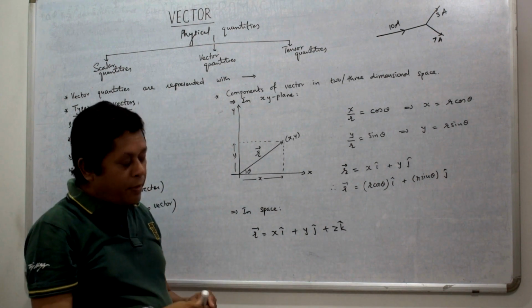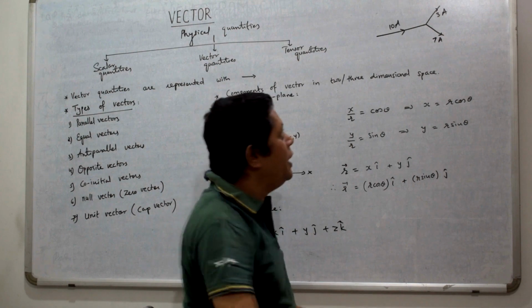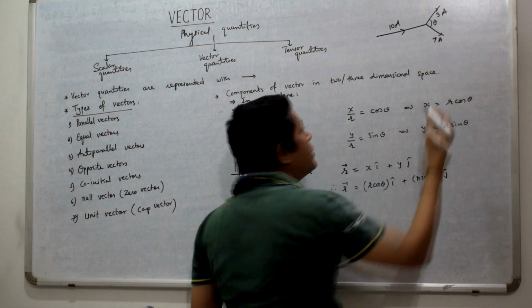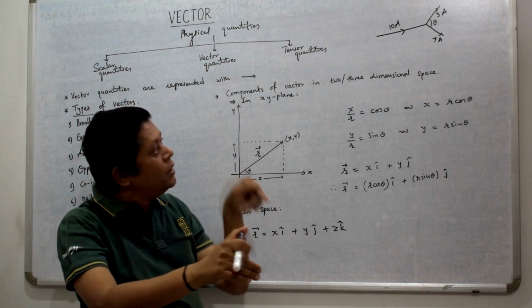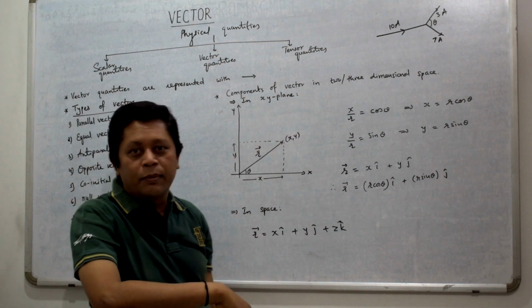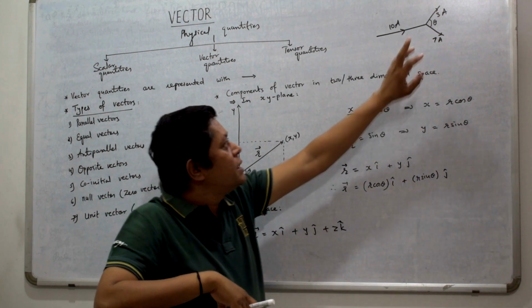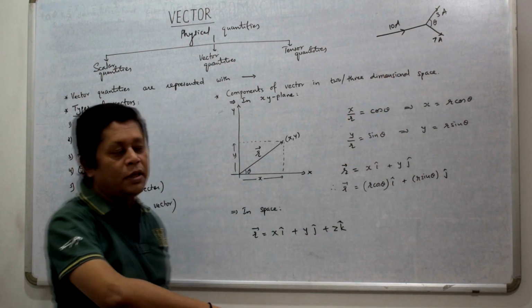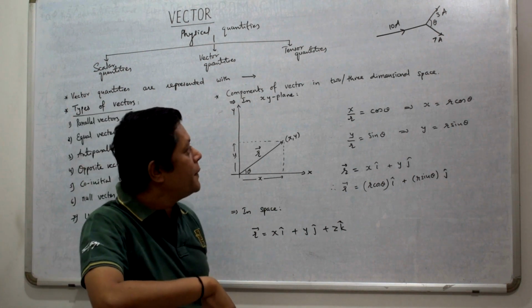The amount of current flowing in these two branches does not depend on the angle between these two branches. It is independent of this angle. Whatever the angle between the two, the current flowing through those branches will be the same. So this is not obeying the vector law of addition, and that's why it is considered a tensor quantity.